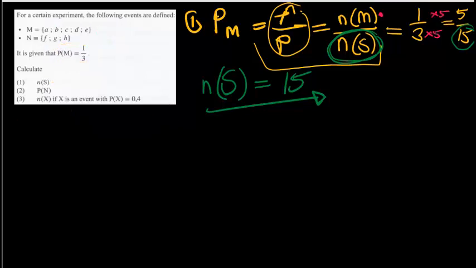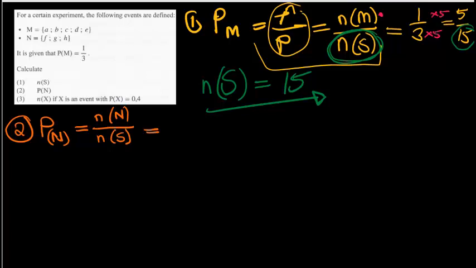Question number 2 is asking me, what is the probability of N happening? So I know that the probability is going to be favorable over possible, but let's write it in the new format. I'm going to say the number of options in category N over the number of options in the entire sample range is going to be equal to what? This is unknown. In my fraction, I have a denominator.